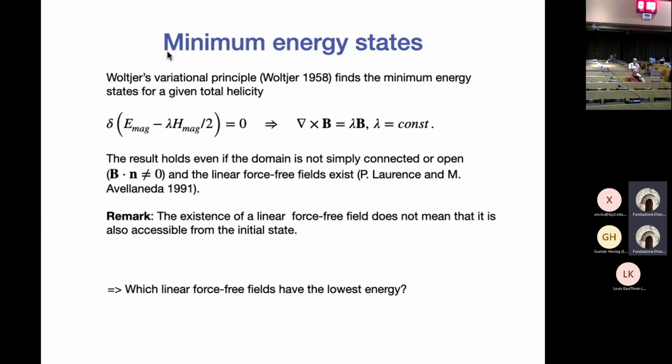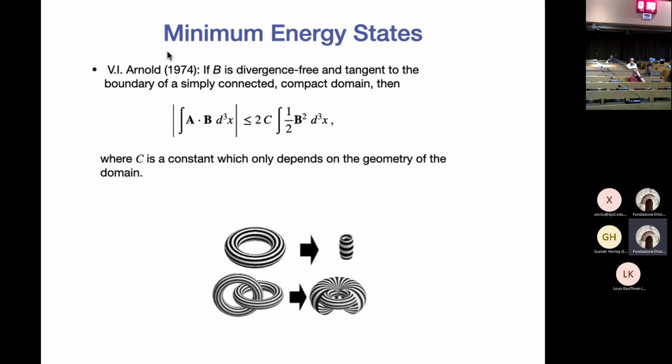And we know that there are quite a number of linear force-free fields in any given domain, typically infinitely many. And so one has to look at individual domains and see which linear force-free field has the lowest energy.